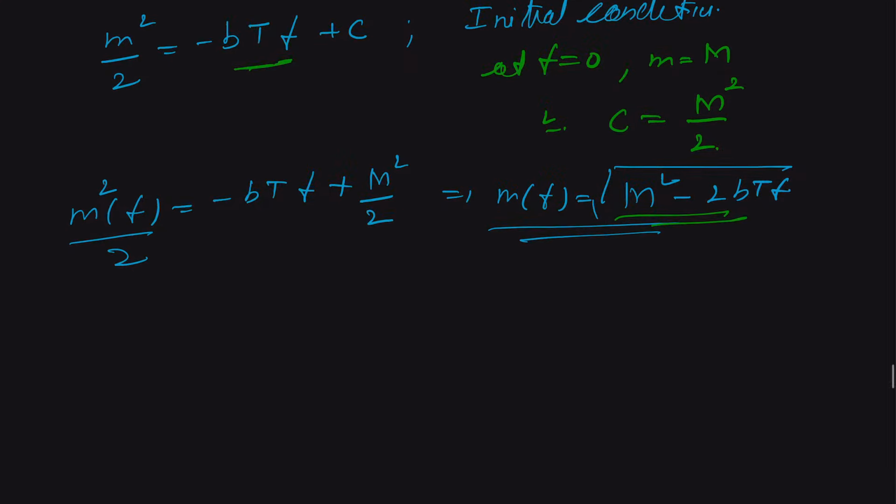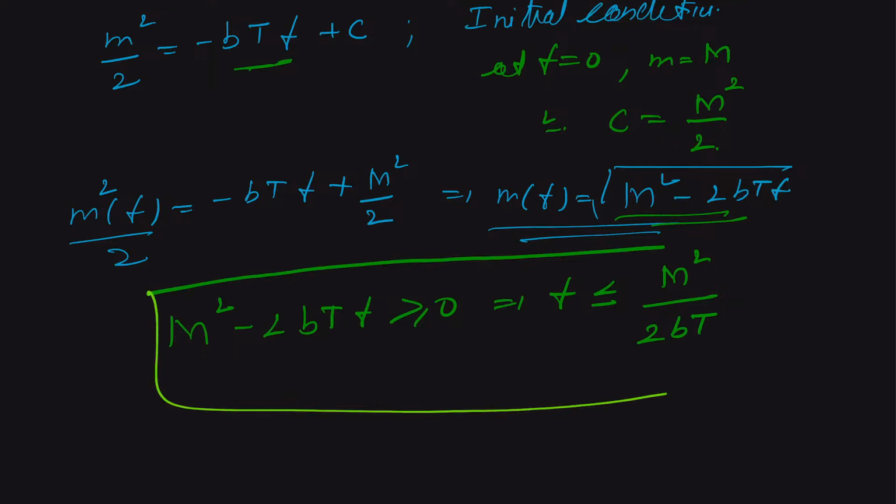So we can say that M square minus 2bTt should be greater than or equal to 0, or we can say that our time t should be less than or equal to M square upon 2bT. Under this condition only, this mass equation is going to remain valid.